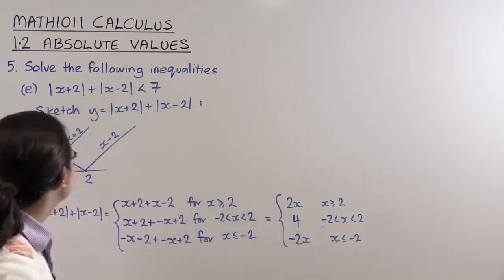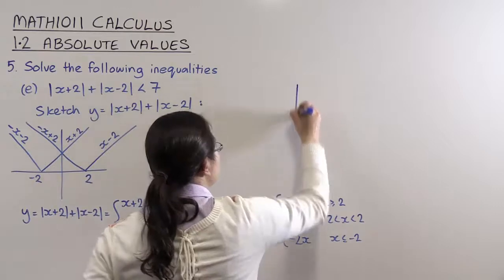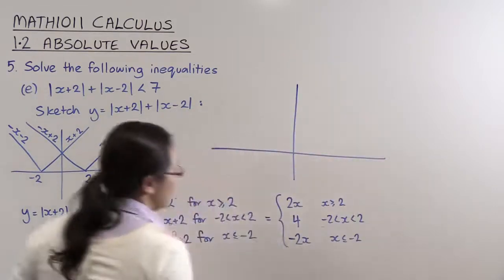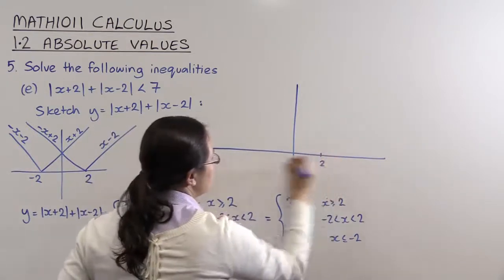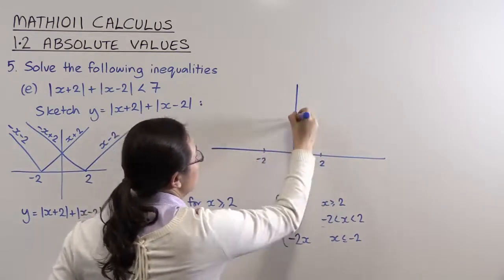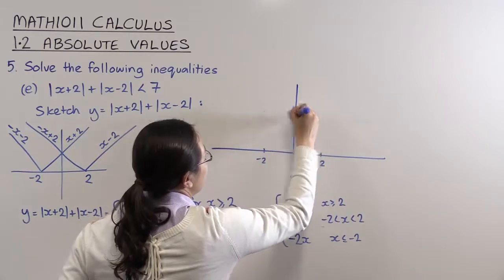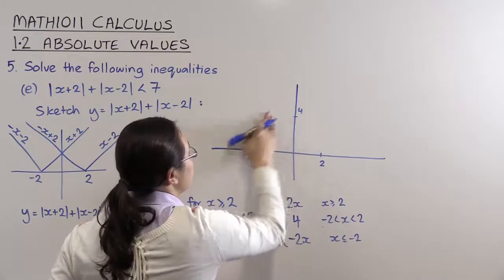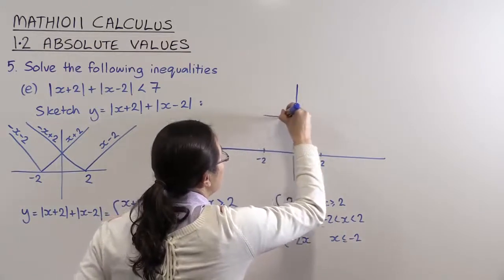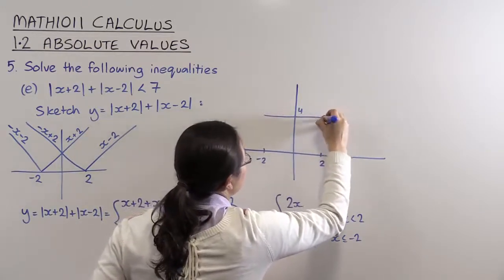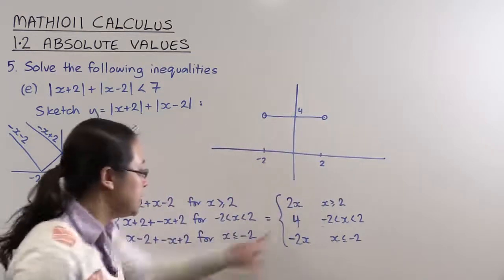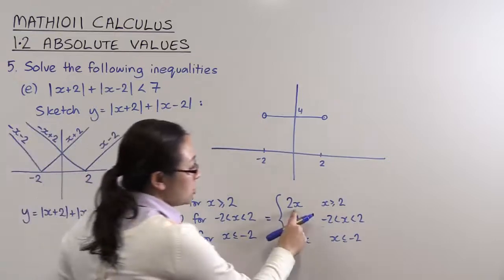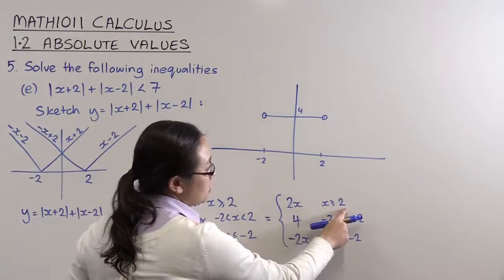Okay, so let's sketch our main graph. So between -2 and 2, our graph is just 4. So that's easy enough. Our y = 4 is just a straight line, a horizontal line through 4. So that's this section done. y = 4 between -2 and 2. y = 2x when x is greater or equal to 2.